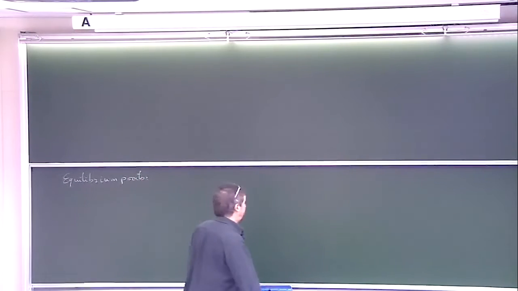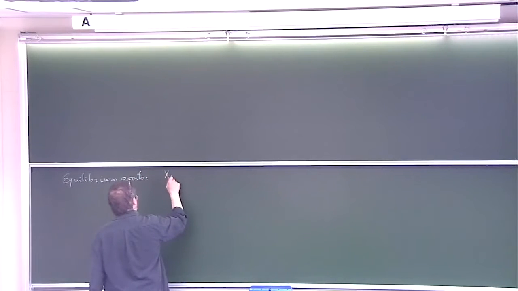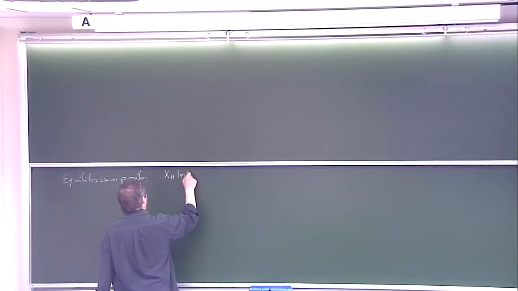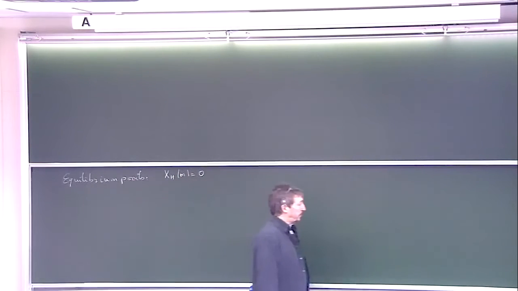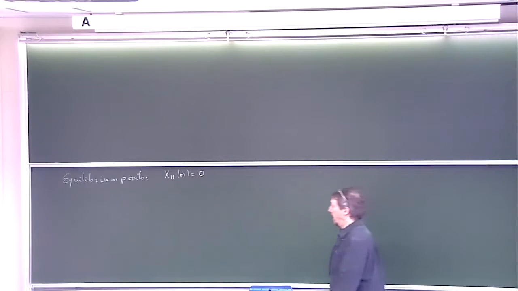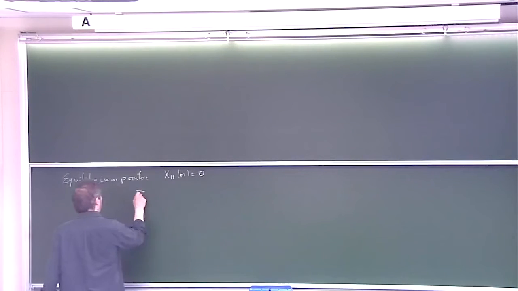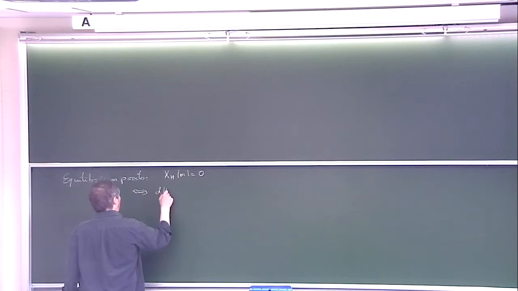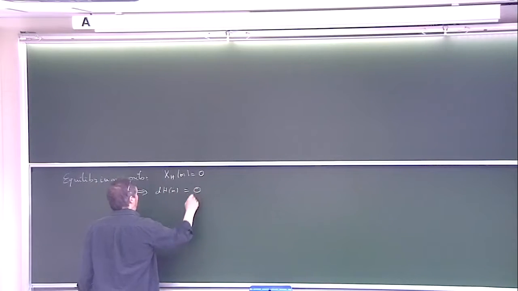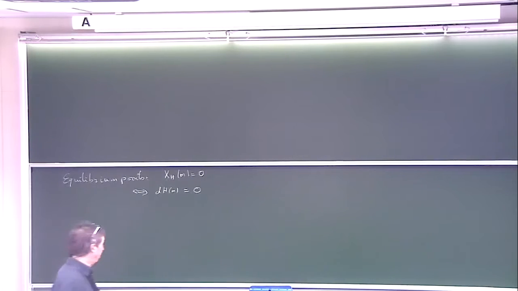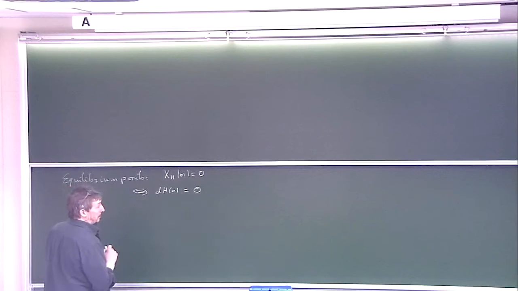Well, they're when the vector field is 0, or q dot and p dot are 0. And this is the same as the differential, or the gradient, of the Hamiltonian being 0. This is the condition for an equilibrium point.